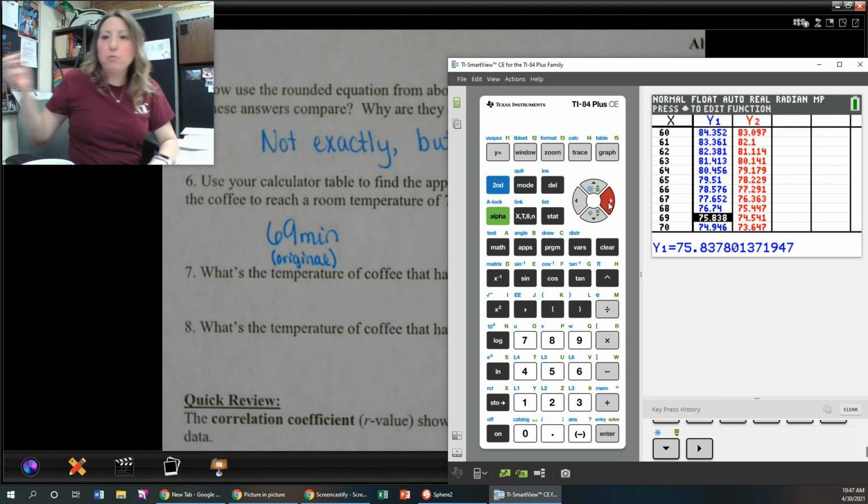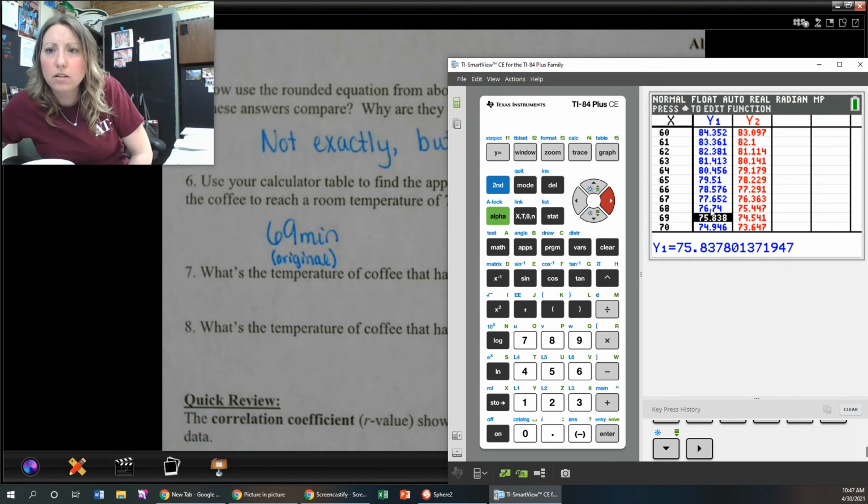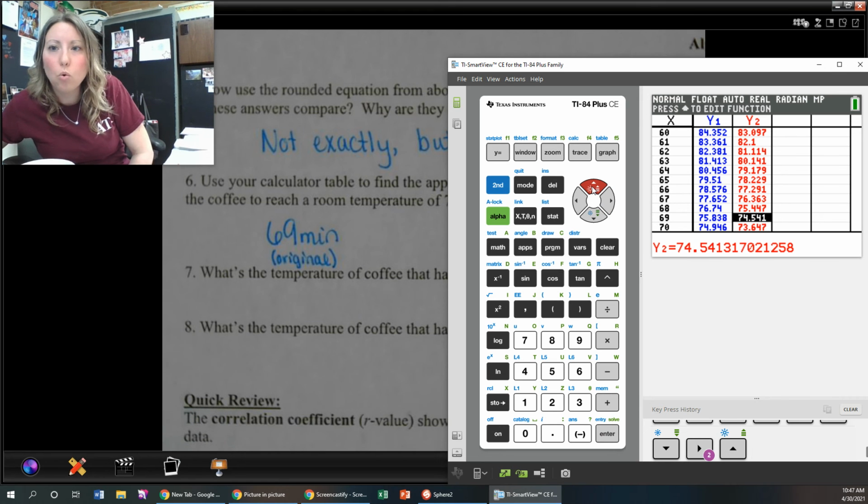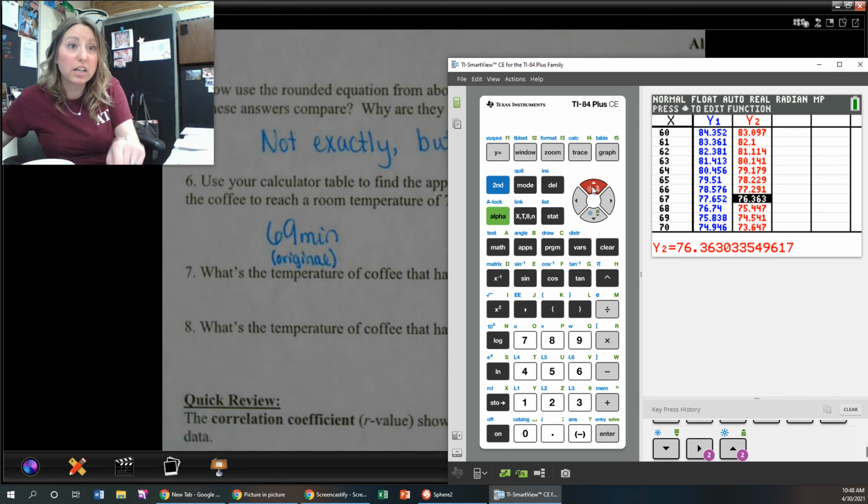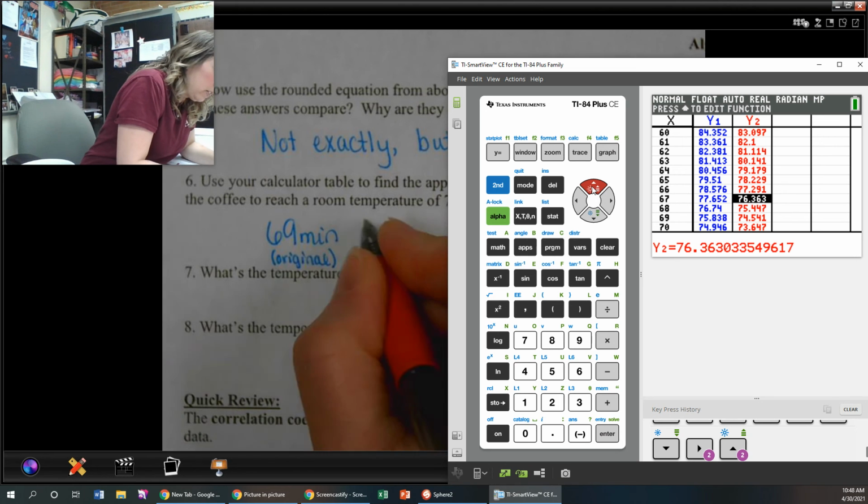But if I'm looking at the rounded regression equation, we get below 76.4 at 67 minutes.